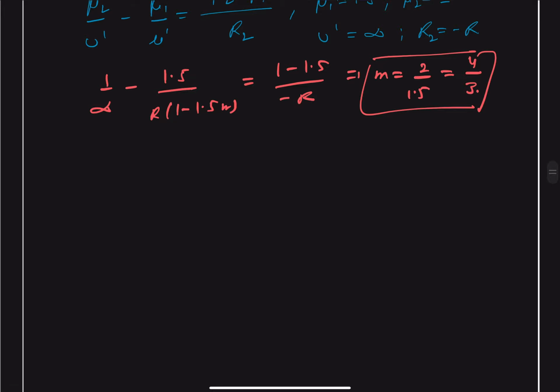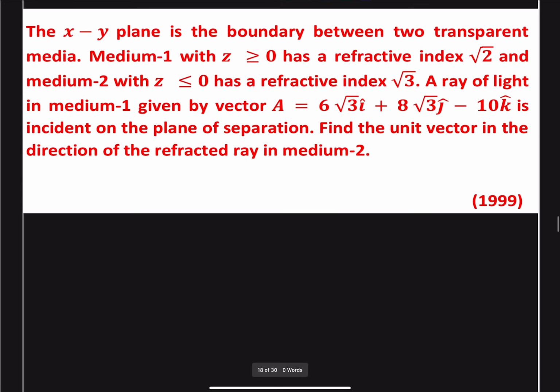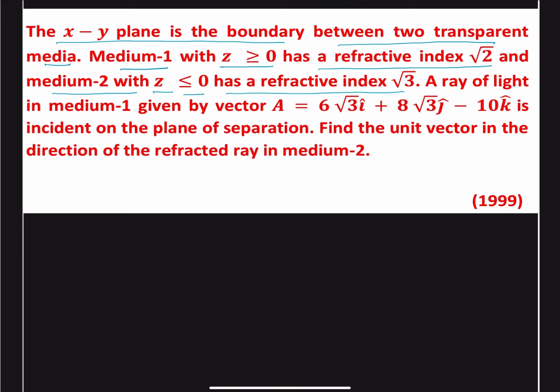We come to the next question. In this question, it is asked that the xy plane is the boundary between two transparent media. Medium 1, which is z greater than or equal to 0, has a refractive index of square root of 2, and medium 2, which is z less than or equal to 0, has a refractive index of square root of 3.